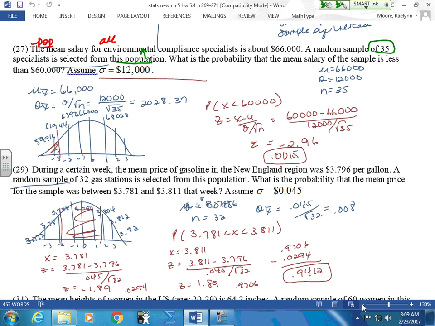What is the probability that the mean salary, because don't forget, I keep doing these and I take the mean of all the sample means, not just one x, that's the mean salary of the sample, is less than 60,000. So technically, this should be my probability statement: my sample means from my samples is less than 60,000.